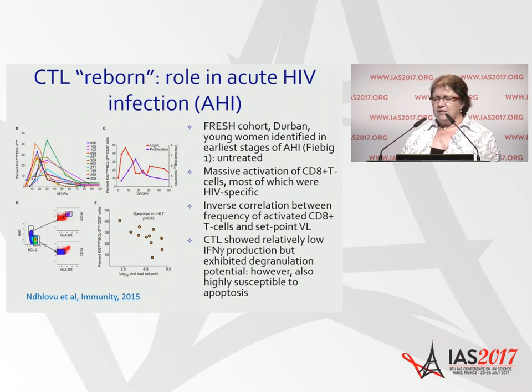One of the first of these comes from the FRESH cohort in Durban, where women were identified before the peak of viral load in the very early stages, and in this particular protocol they weren't given antiretroviral treatment. And the data quite clearly show that there is an inverse correlation between the frequency of activated T cells, which in this study were largely HIV specific, and the set point viral load.